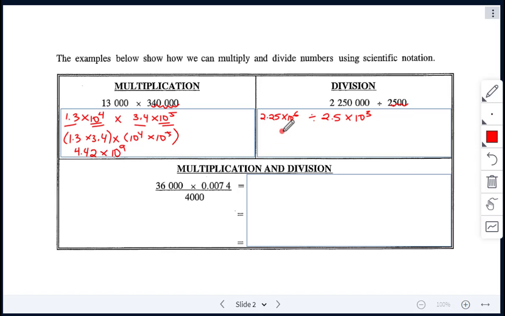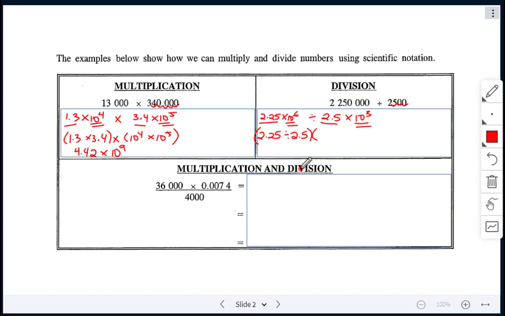All right, so we can take 2.25 divided by 2.5, just like that. And take the two exponents. So let's just put this in brackets like this. And we have 10 to the power of 6 divided by 10 to the power of 3.